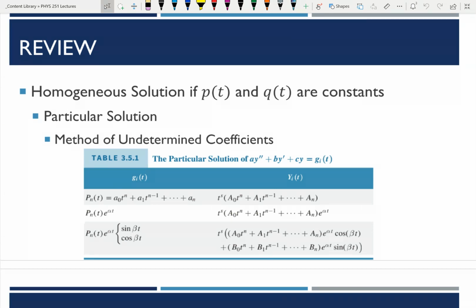Basically, with the method of undetermined coefficients, if the g function is a polynomial, then you have a polynomial of the same rank, unless this power is part of your solution. Then you multiply it by t raised to whatever power is necessary to make it not redundant. So you still use it. You just have to do the same as you would if you had a repeated root.